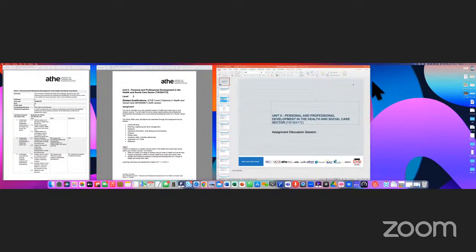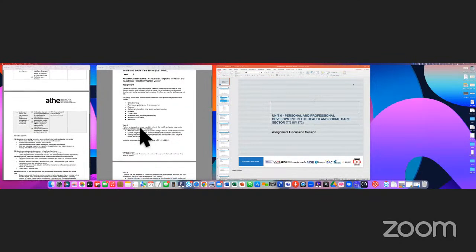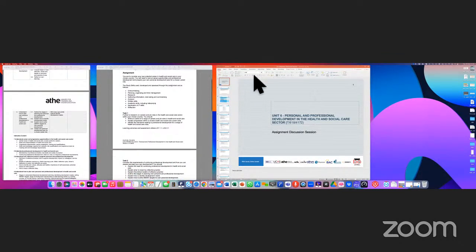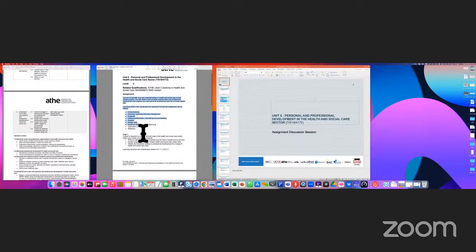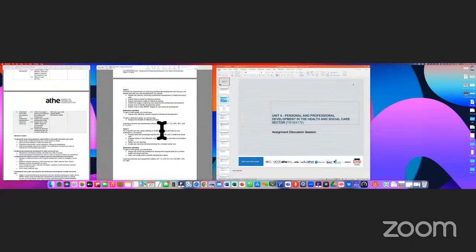In this unit there are 4 learning outcomes, and in the assignment brief they have been converted into 3 tasks. There's a scenario given, which we will discuss. Task 1 covers some assessment criteria of learning outcomes 1 and 2. Task 2 covers a lot of the assessment criteria for learning outcomes 2, 3, and 4.